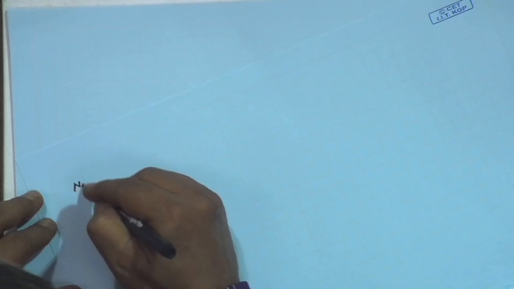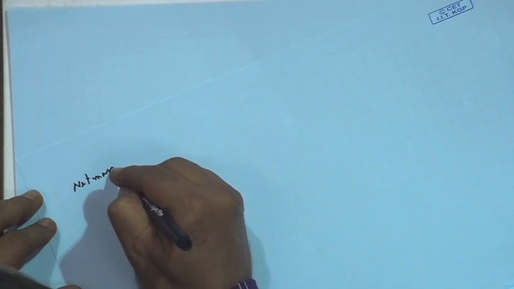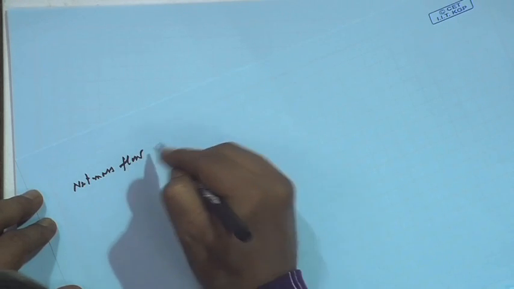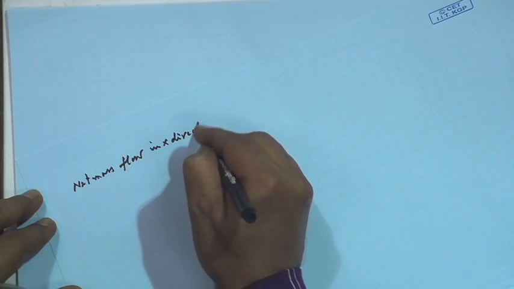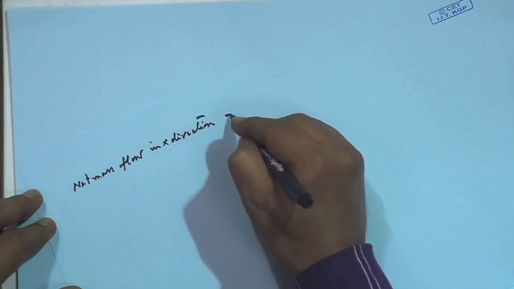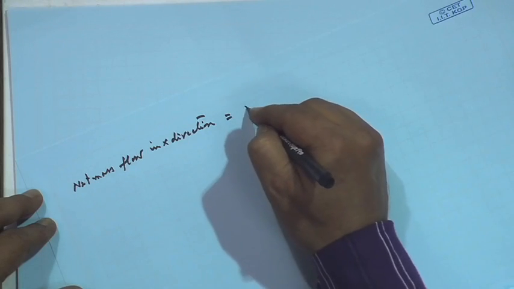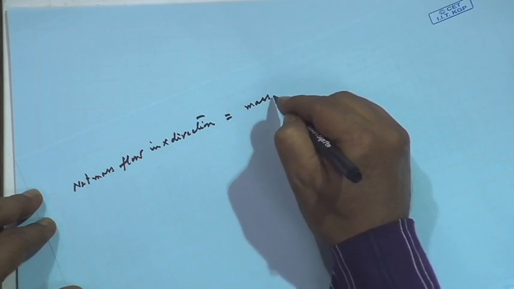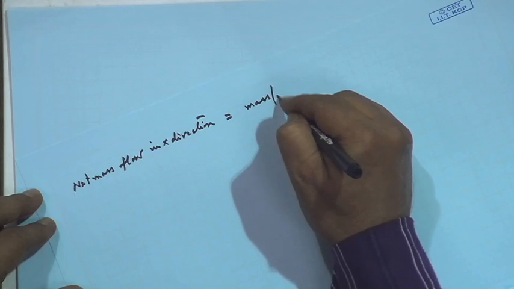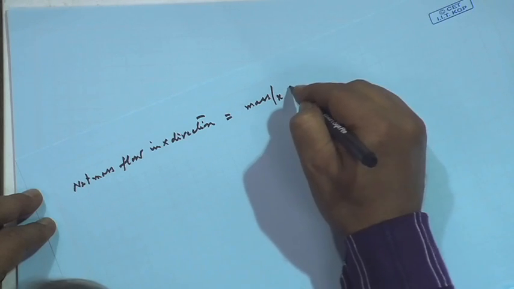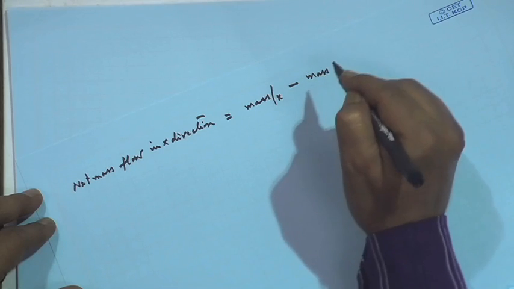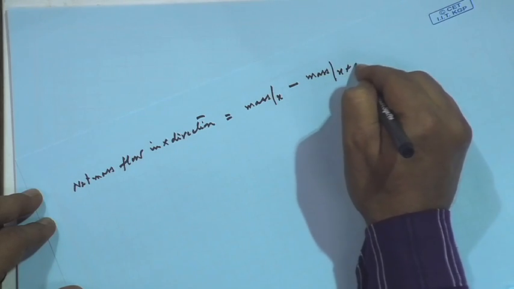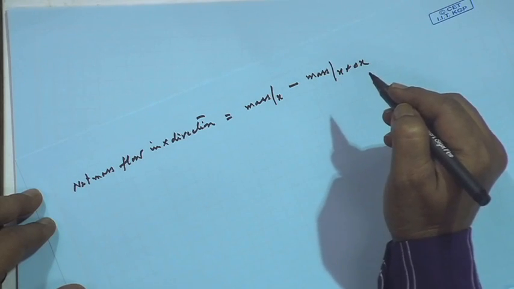So, we can write the net mass flow in x direction, that is equal to the mass which is coming in at x minus the mass which is going out at x plus delta x, right.